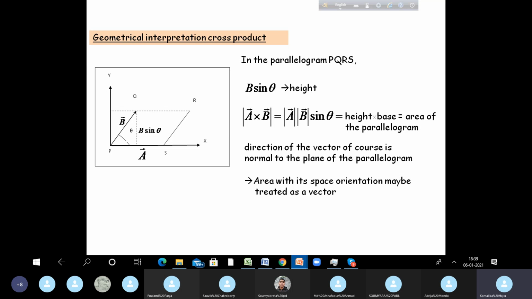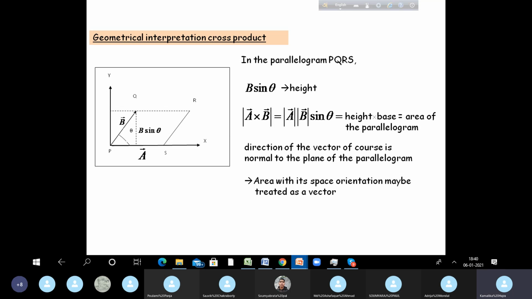And we can see that any parallelogram is formed by the cross product of two vectors. So the cross product of two vectors gives the area of a parallelogram, and therefore the normal to this parallelogram is the direction of that particular area. So now you can treat an area as a vector.